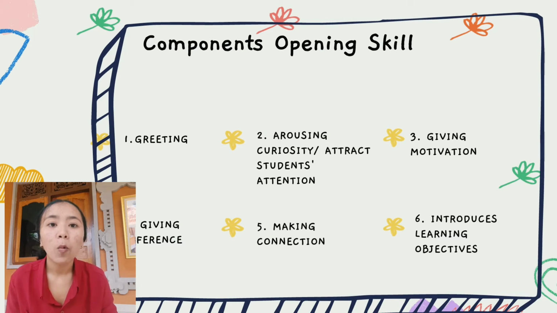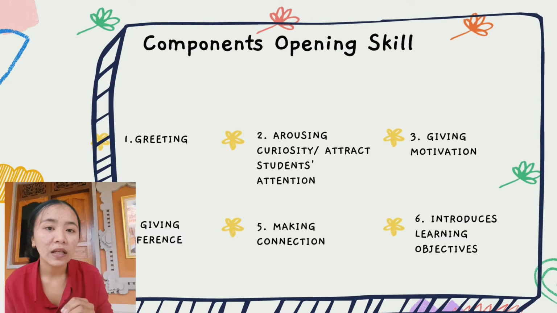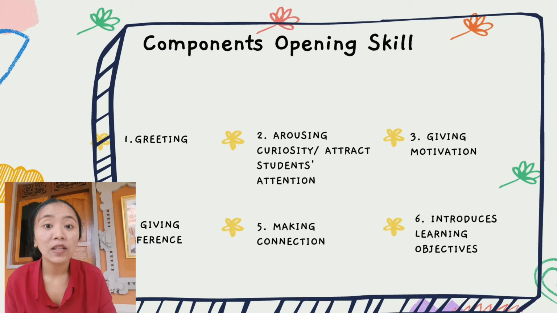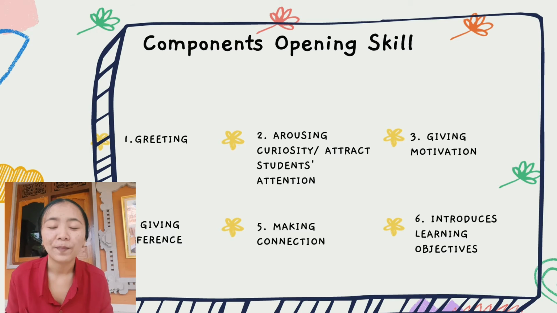For example, why a student needs to learn this topic, and after students learn this topic, what is expected of them to do. For example, when a teacher teaches about expressions of giving attention, students are expected to identify the expressions of giving attention as well as make a dialogue.